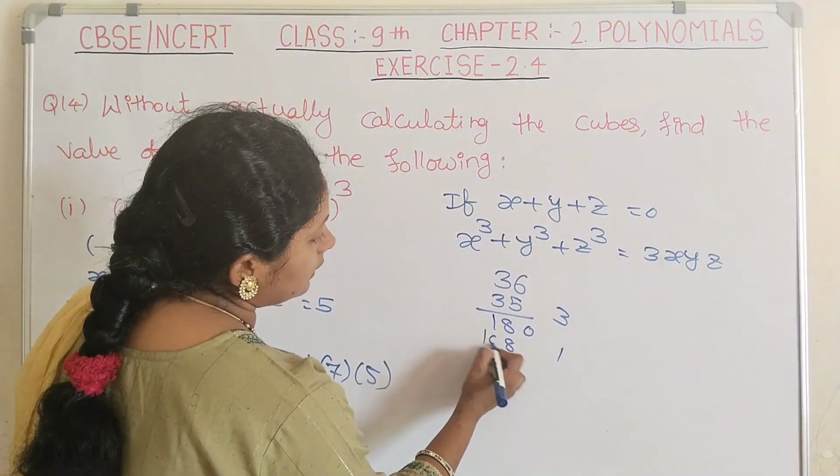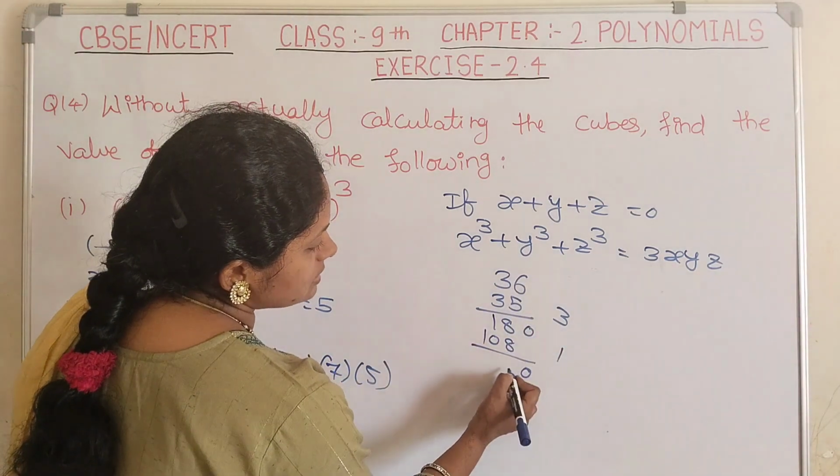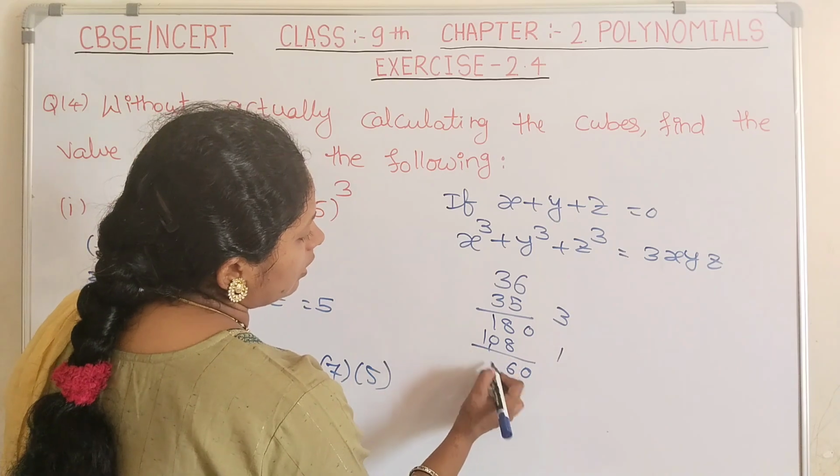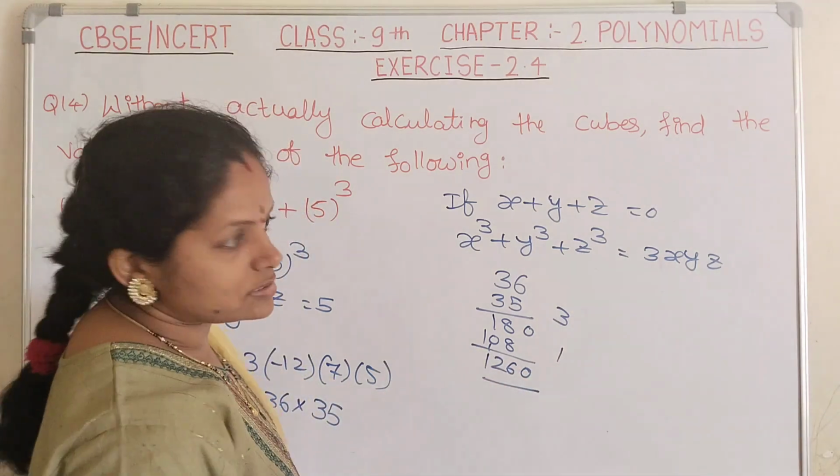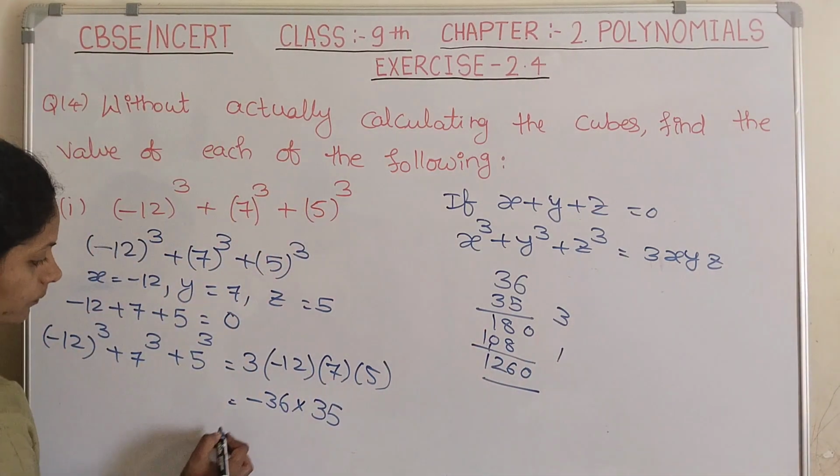Carry 1, then 10. 0. 8 plus 8, 16. 1260. This is the multiplication.